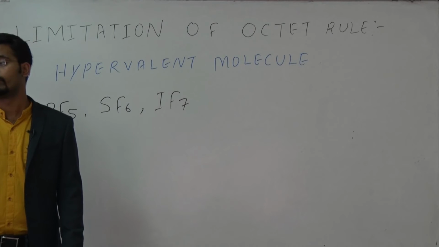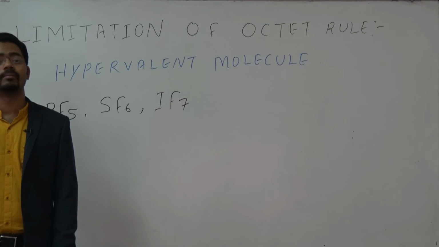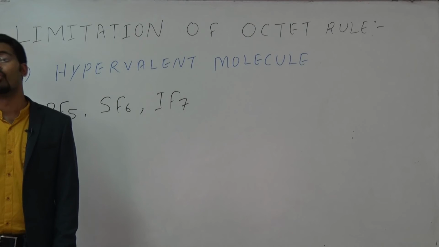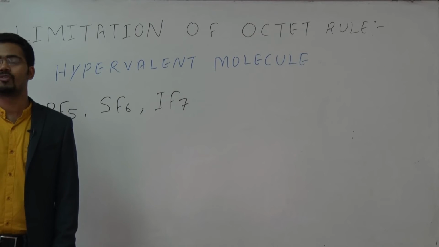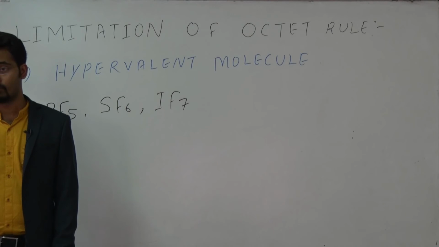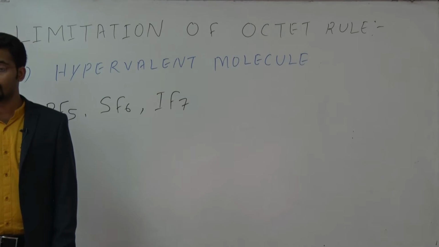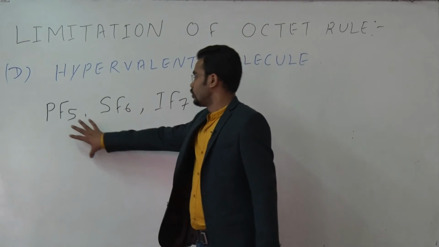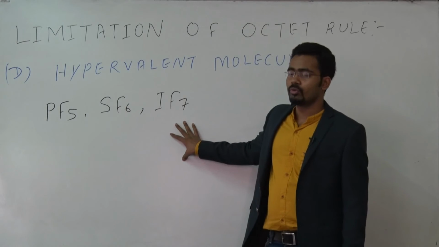If the surrounding atoms are more than 4, or you can say first draw the bonds, and if the total number of bonds is more than 4, it means it does not obey the octet rule. So these are the molecules which are hypervalent.